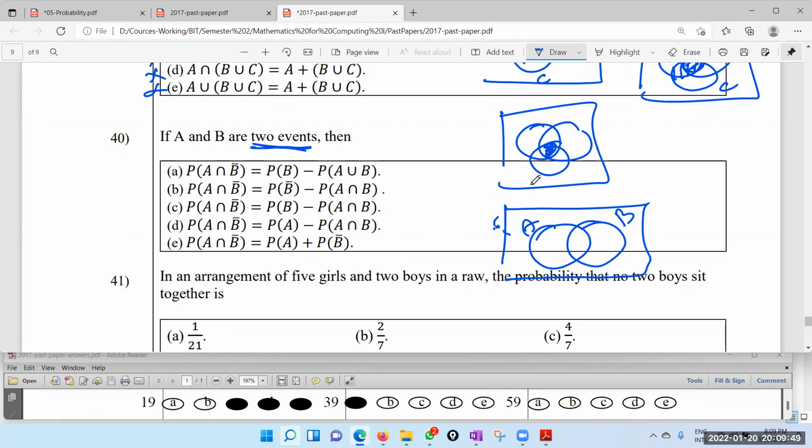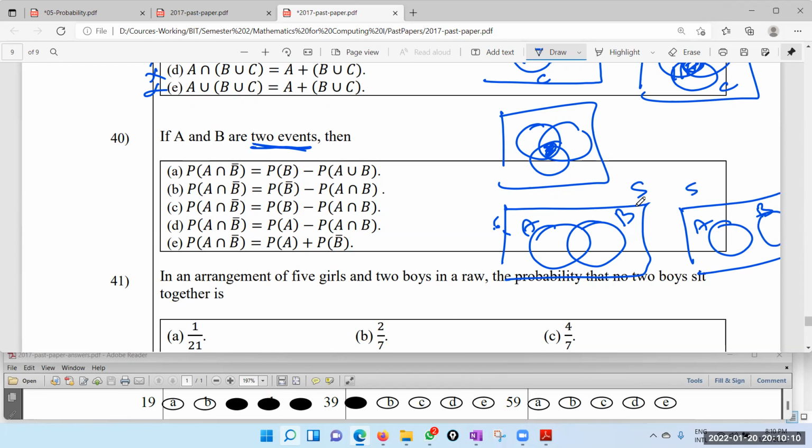For not mutually exclusive, PA union B is PA plus PB minus PA intersection B. Okay, but this is intersection. Let's draw both so that we check whether it's correct for both scenarios. This is mutually exclusive A and B. This is not mutually exclusive A and B.